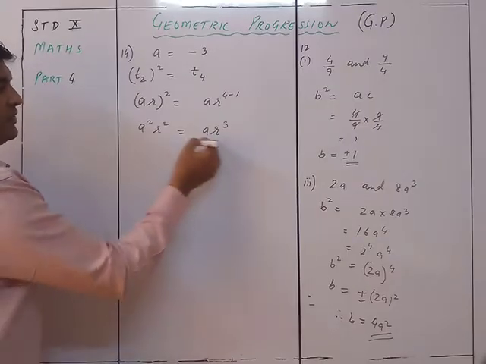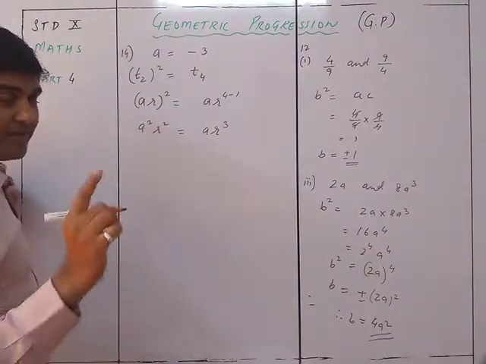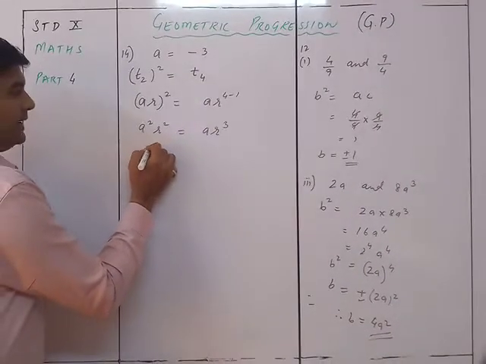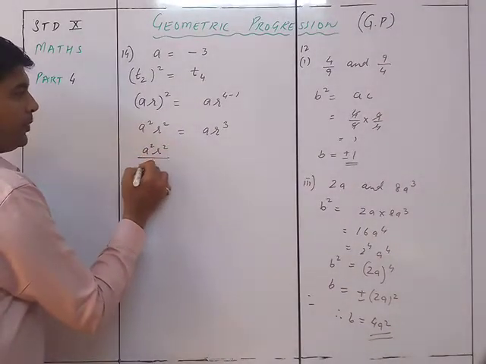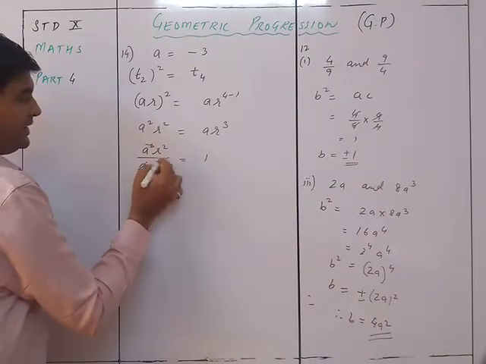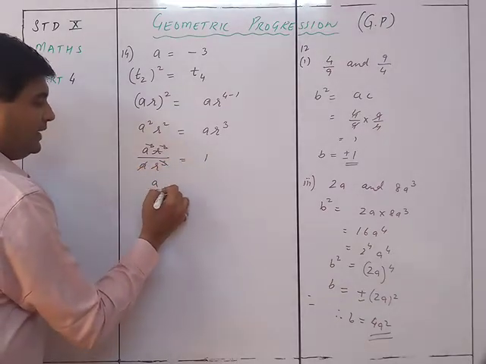Therefore, you can find out the value of AR over here. Now what we need to find out is the seventh term, right? So we see over here that A square R square upon AR cube is equal to 1. So here A gets cancelled and R square gets cancelled with R cube. So A upon R is equal to 1.